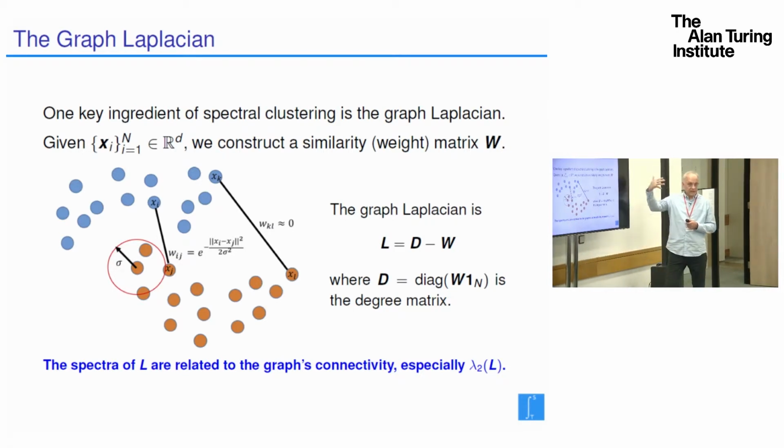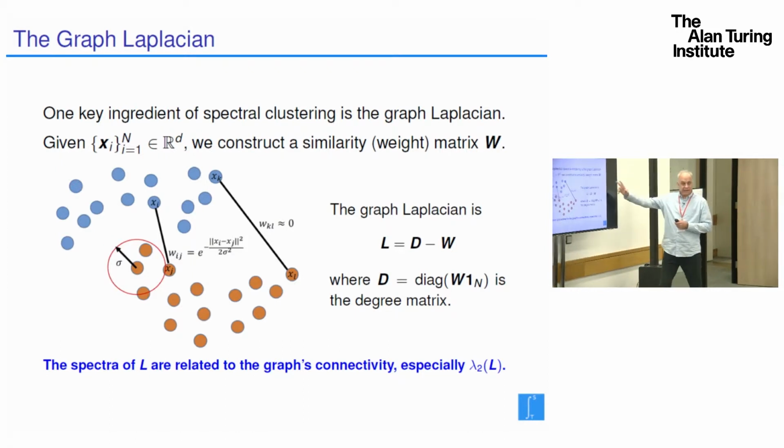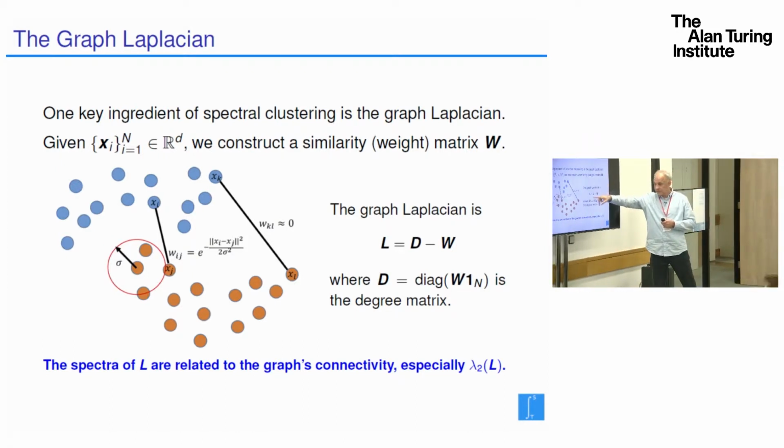And we construct the graph Laplacian, which is really the analog of the continuous Laplacian on graphs, as the difference between the degree matrix and the weight matrix. I can rewrite it, and you can see more easily that it's really a Laplacian in the classical sense, discretized. But this is another way to introduce it.